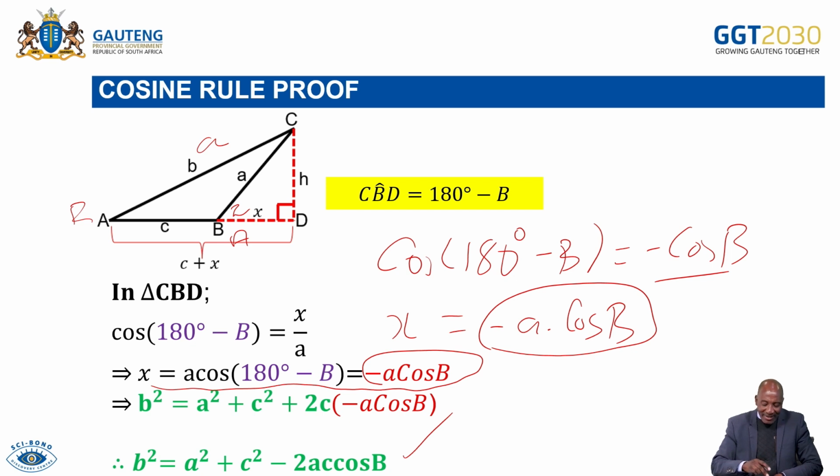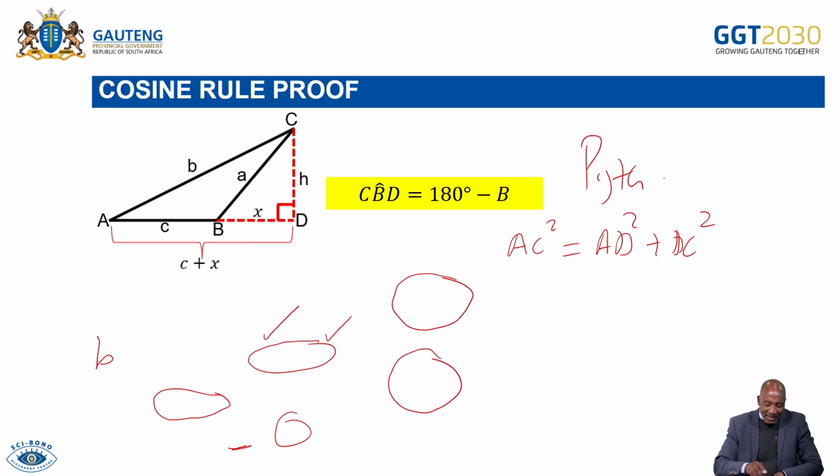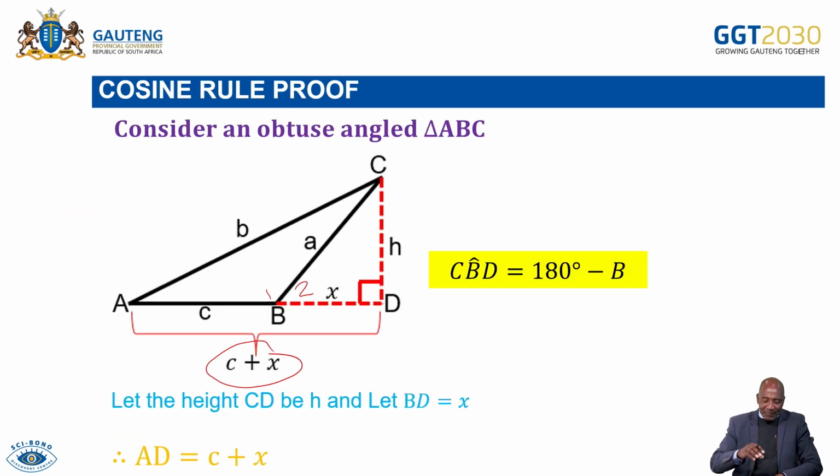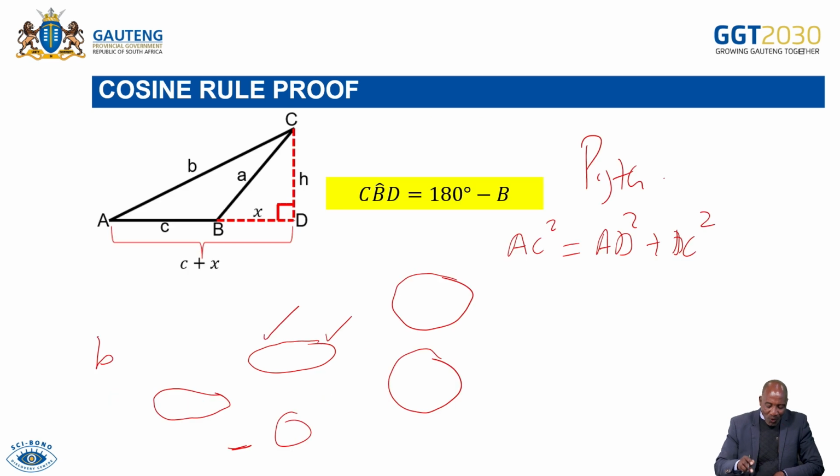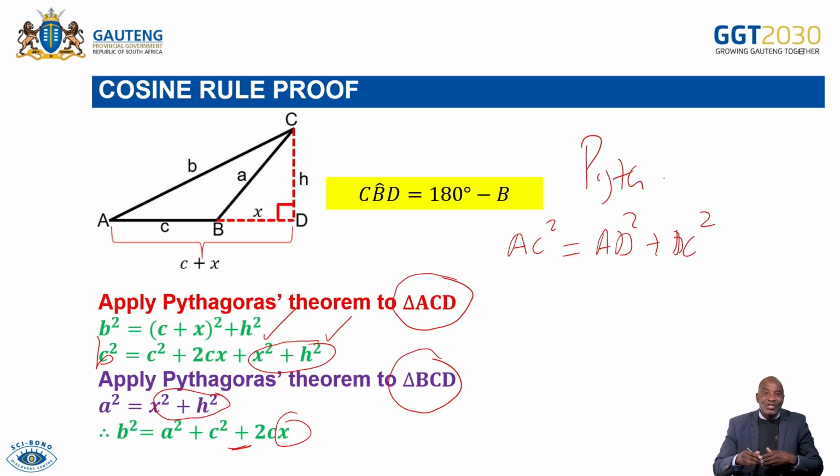So we have proven this theorem, or rather this rule, using a squared, b squared, and c squared. So in our case, we focused on c squared. We focused also on b squared. You can as well do it for a squared using a similar diagram.